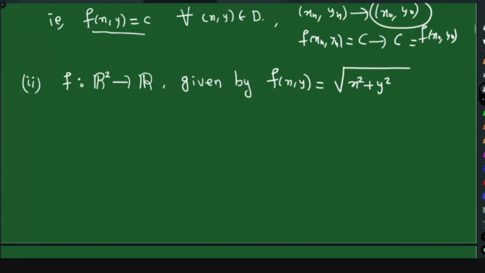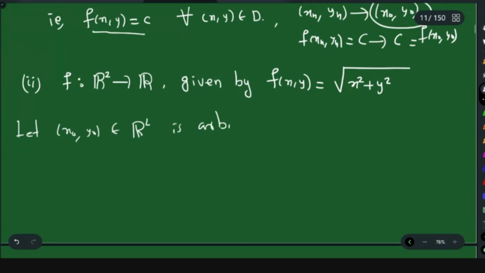In order to check this, I need to show that it is continuous at some point (x0, y0), so let (x0, y0) be an arbitrary point from the domain. I want to check whether the function is continuous at (x0, y0).